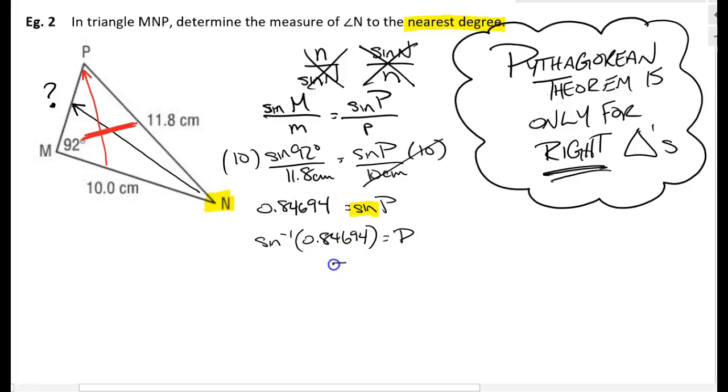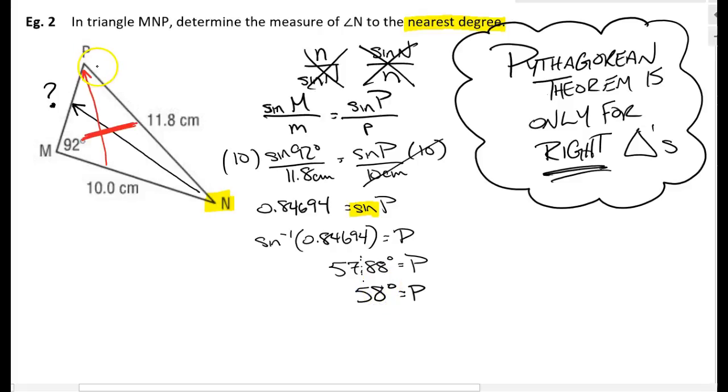And I get 57.88 degrees. But again, we just need angles to the nearest degree, so we're going to round it off here. 8 rounds up, so I'm going to say that that is 58 degrees for P.